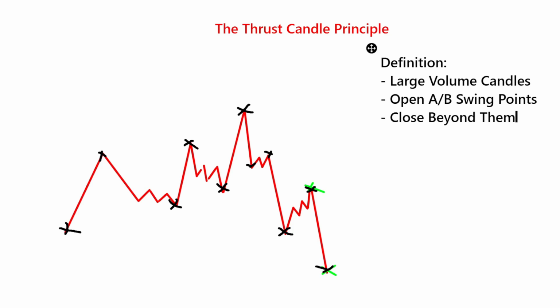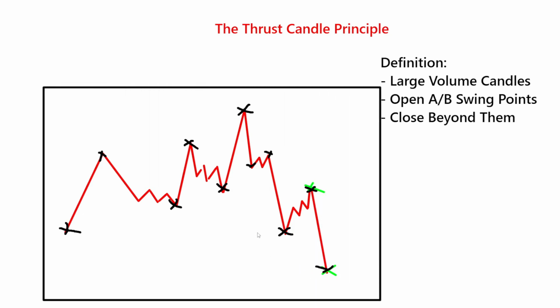Okay, so these are the three criteria that you're going to be using to understand the thrust candle principle. Now, if we look at this once again, market structure, theoretical market structure, where can thrust candles lay?